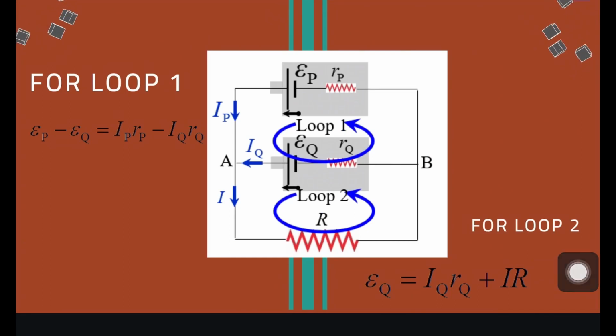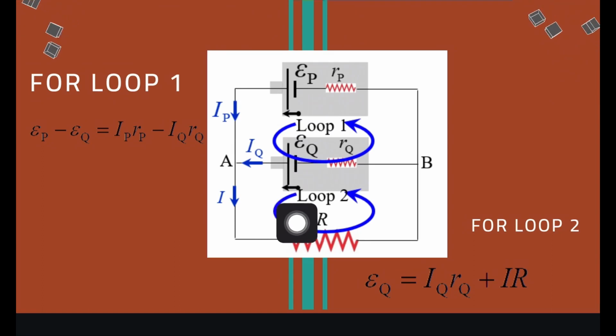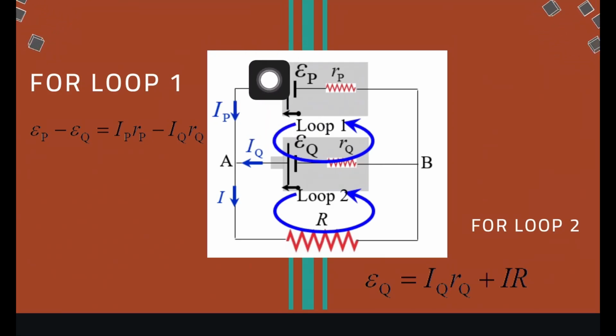Alright, so we are going to look at the second law for loop 1. For loop 1, we start with EP. Since the loop is going to the left and it leaves the positive terminal of EP, this EP should be positive.